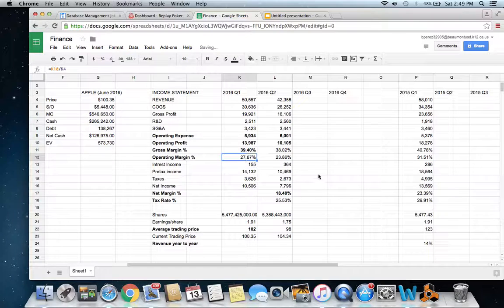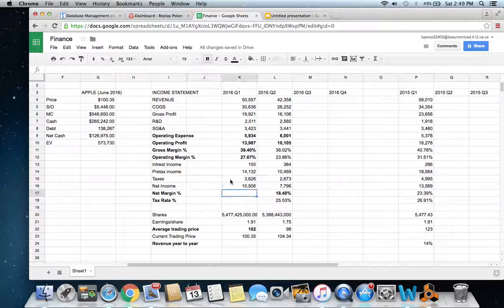It's about 27, about 30%. So Apple has a pretty big margin. That's almost double, maybe triple most businesses. They have very good margins. Apple does, and it makes sense. They're a big company, right?